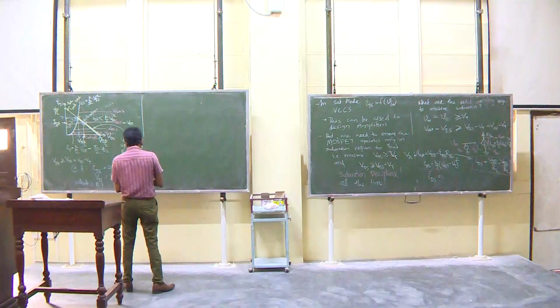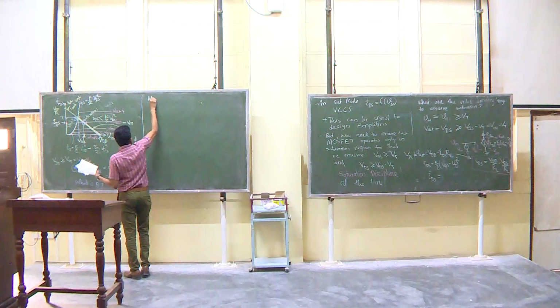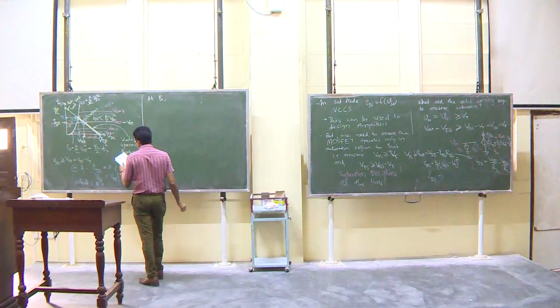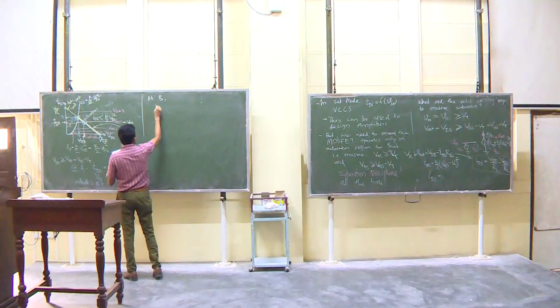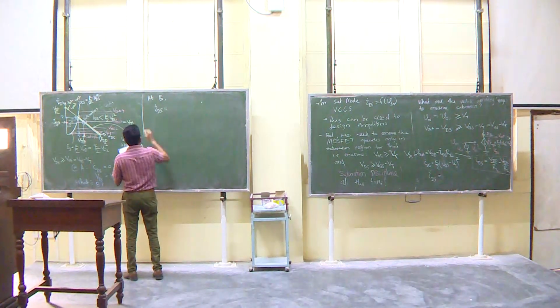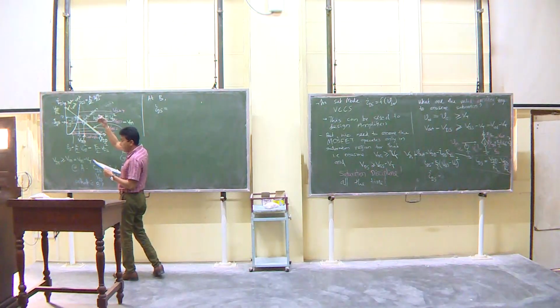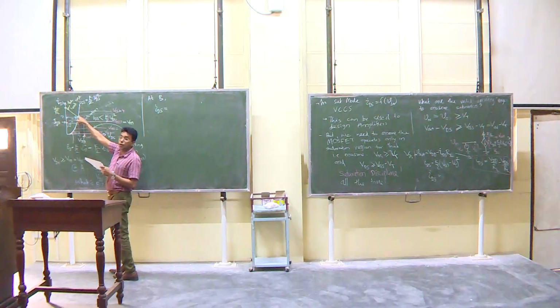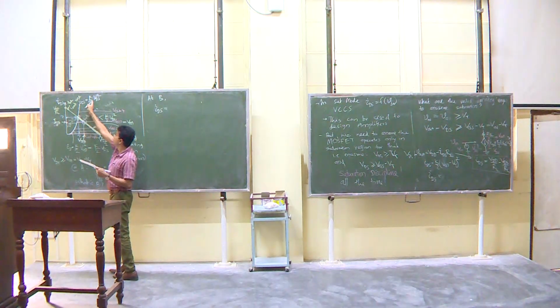So, at B, I know IDS will be equal to, not less than, not greater than, it is on this curve, on this white curve, which is this one.